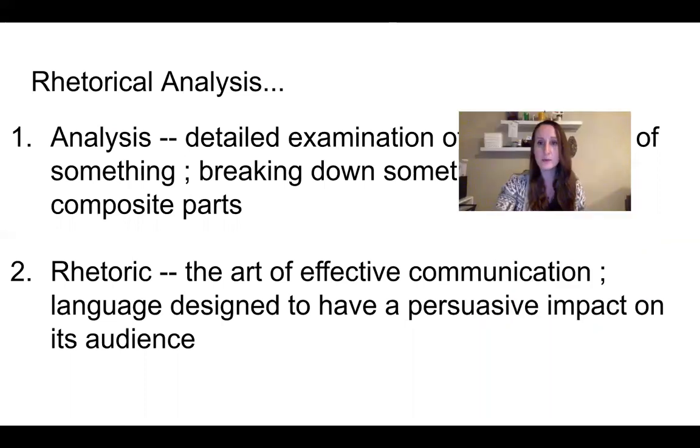Rhetoric then, so we're doing a rhetorical analysis. Rhetoric is the art of effective communication, or any language designed to have a persuasive impact on its audience. In fact, it doesn't even have to be language. We're considering anything that communicates worthy of analysis. So images communicate to us, right?